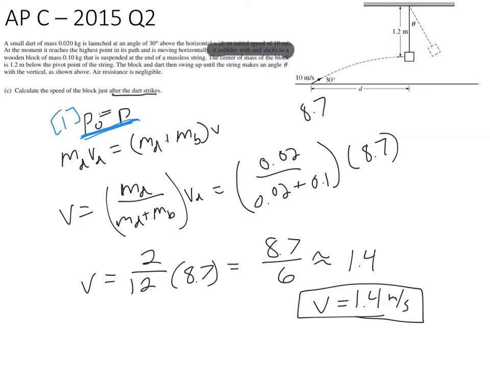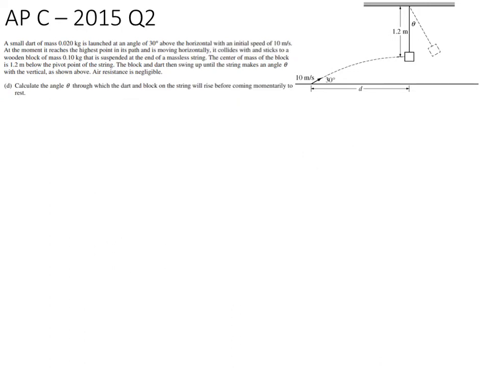Then you get a point for this, and a point for the substitution and the answer. So this equation is not enough. You have to state this. I know it's simple, but it gives you points, so why not do it?